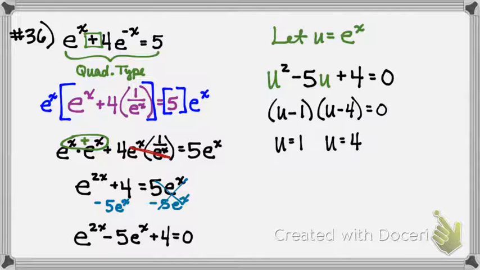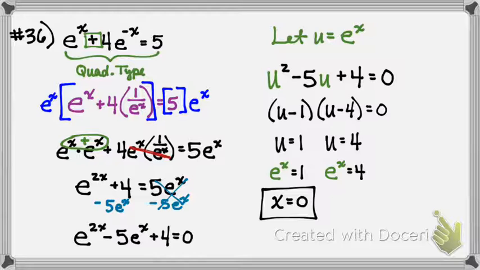No. We have to substitute in now e to the x in the place of u. e to what power would be 1? 0. x equals 0. How would I solve for x in the next one? Natural log. x equals the natural log of 4. And there's my two solutions.